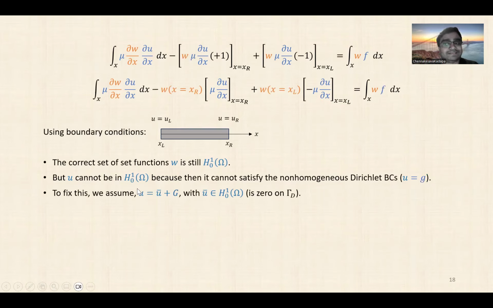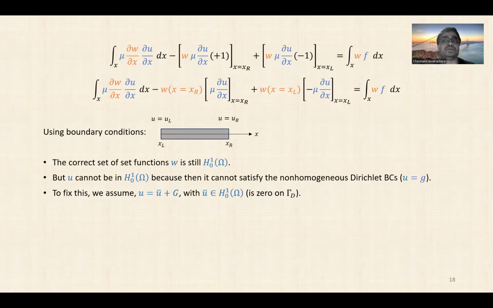To fix this, we assume that u is a superposition of a function u bar which is in H10 space. That means u bar satisfies the homogeneous Dirichlet boundary condition.